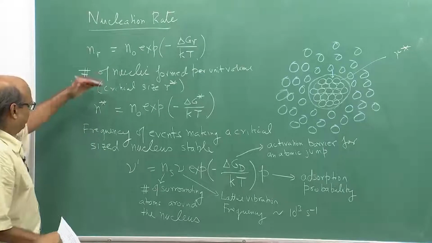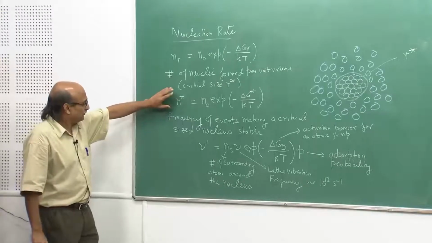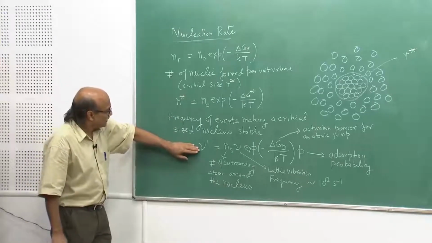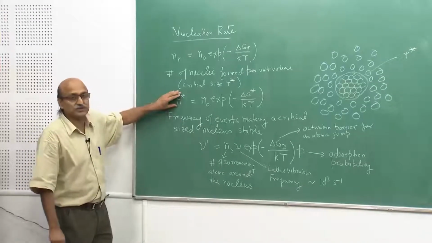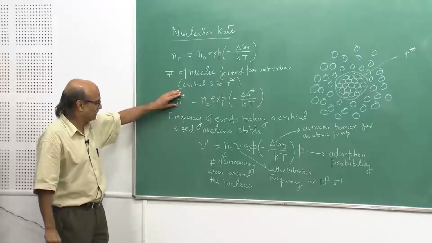So very clearly then, this is the number of stable nuclei that are formed, and nu prime denotes the frequency with which these nuclei would become supercritical and subsequently stable.